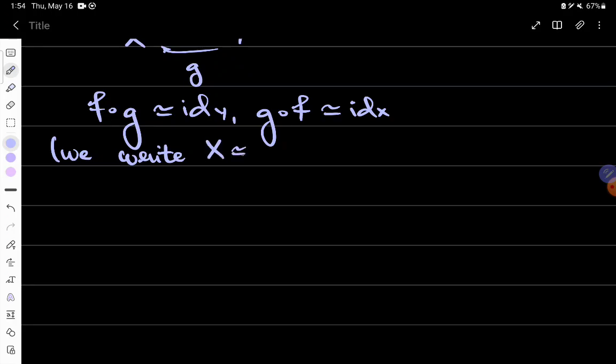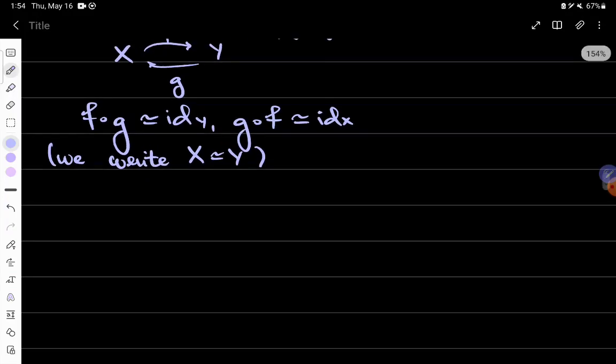We indicate that X is homotopic to Y, and note that this is also an equivalence relation.